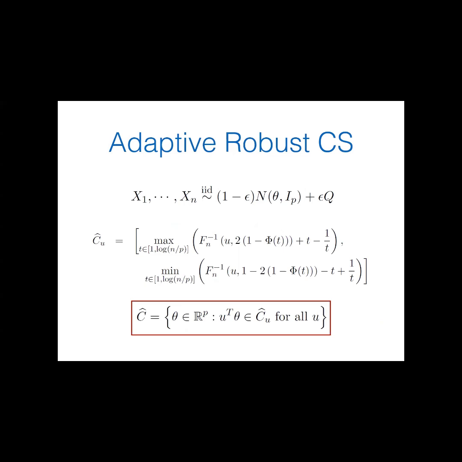It has a rate optimal radius, which measures the size. But the problem is this construction is not computable. If you want to compute it, it's NP hard. Okay, so what we can prove is that for this problem, if you want to construct a radius optimal confidence set in the multivariate case, at least among all SQ algorithms, you cannot do that.